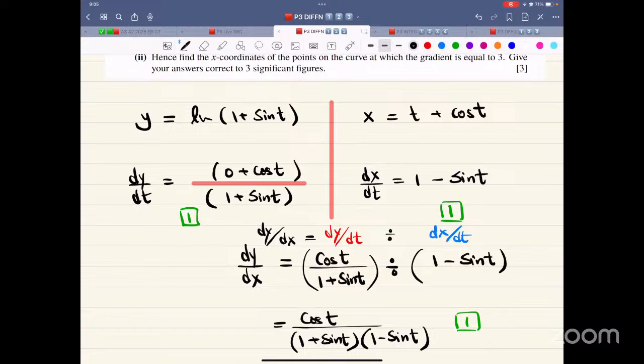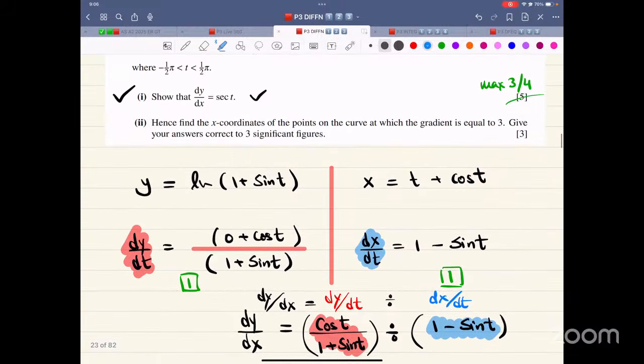Okay, so now let me just highlight this. This is dy by dt. This one is dx by dt, like this. And they are saying, show that dy by dx is sec t.